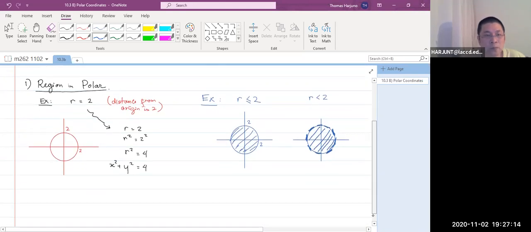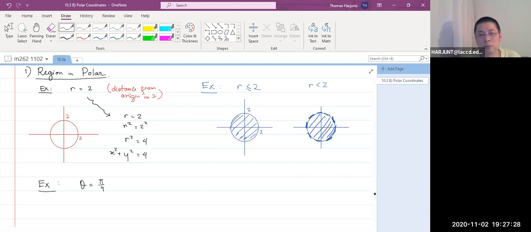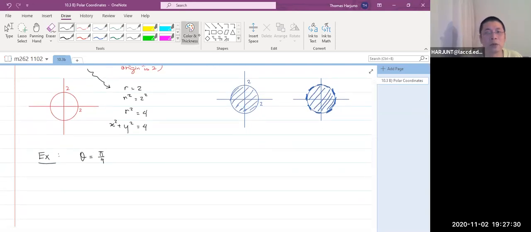Okay. Second, what happens if we have, for example, the theta is the one equals to a constant. Let's say theta equals to pi over 4 in polar.